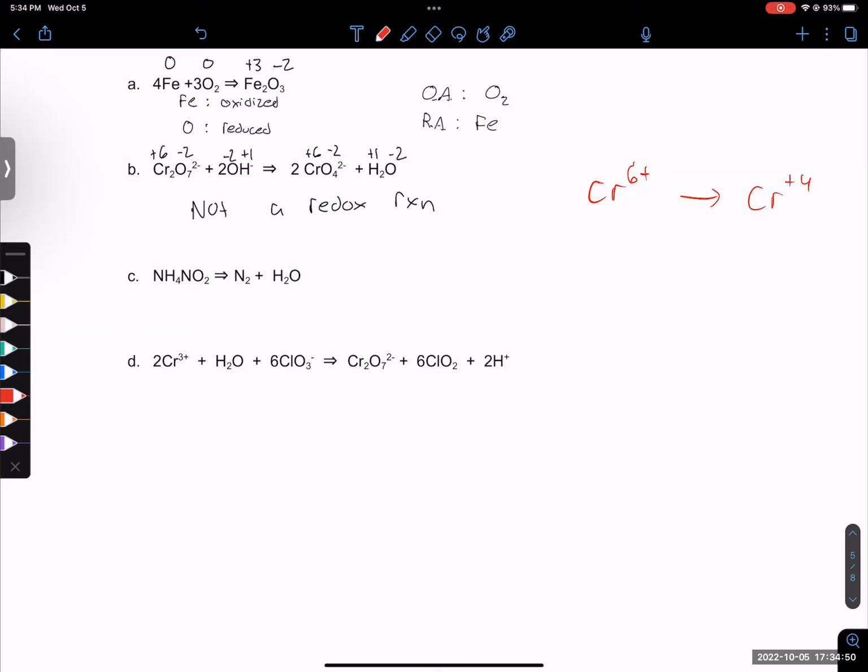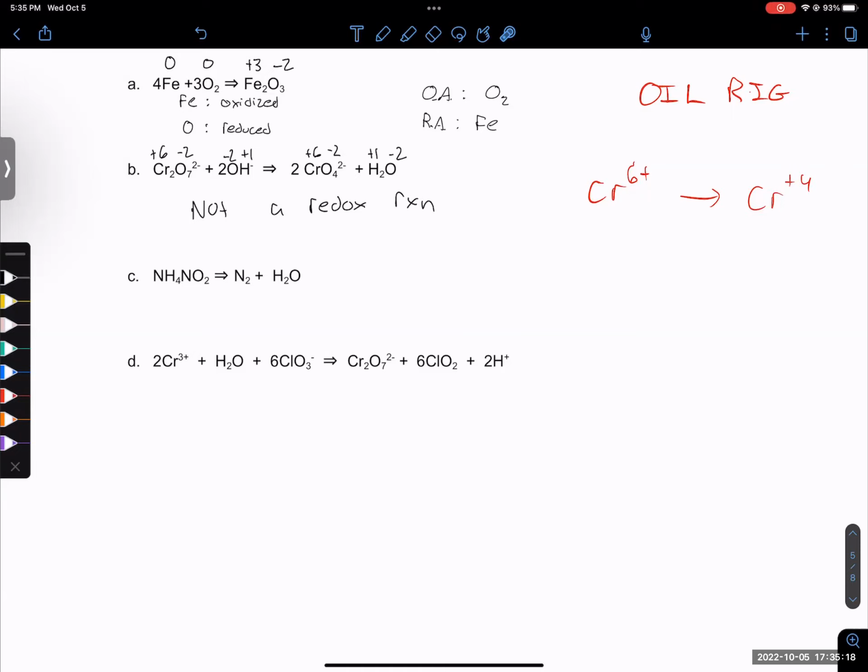Because we know our little acronym, OIL RIG, not the Leo the Lion goes GER one. Oxidation is losing electrons. Reduction is gaining electrons. So chromium's going from a +6 to a +4. It's getting more negative, right? If it's getting more negative, then it's gaining electrons.